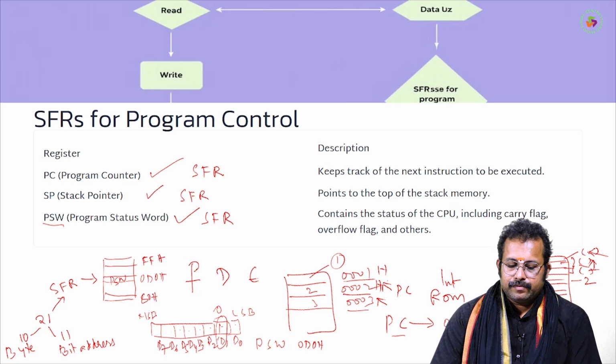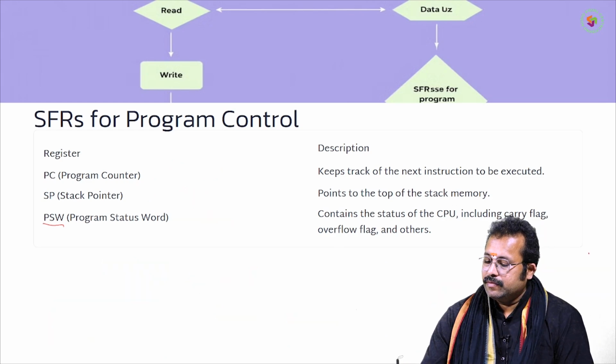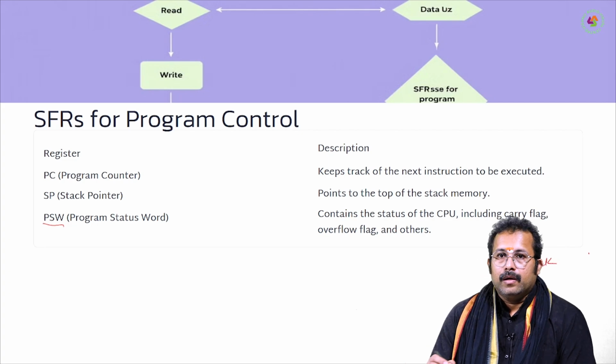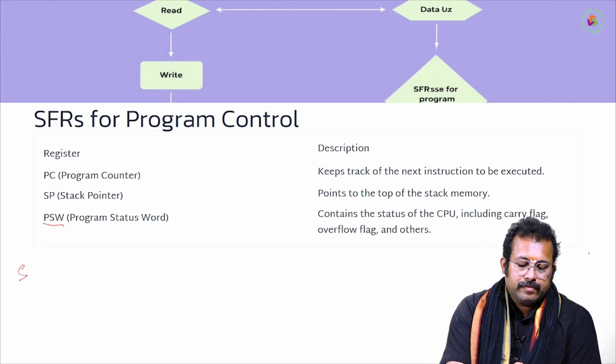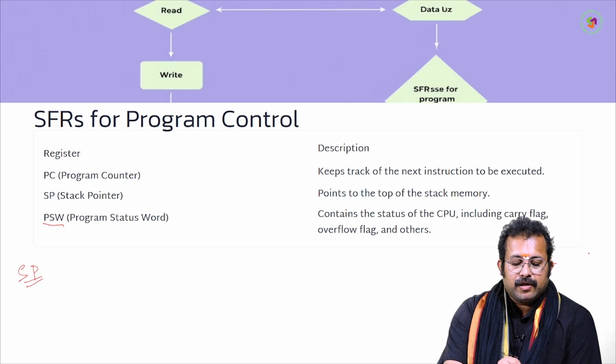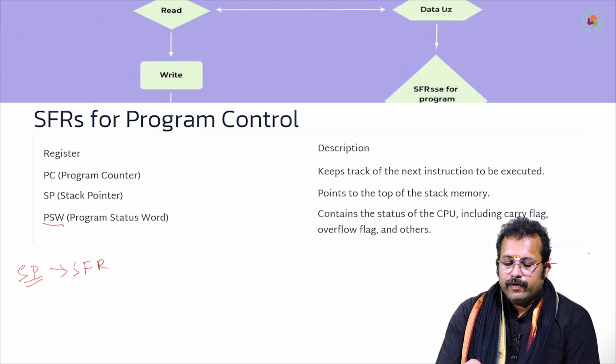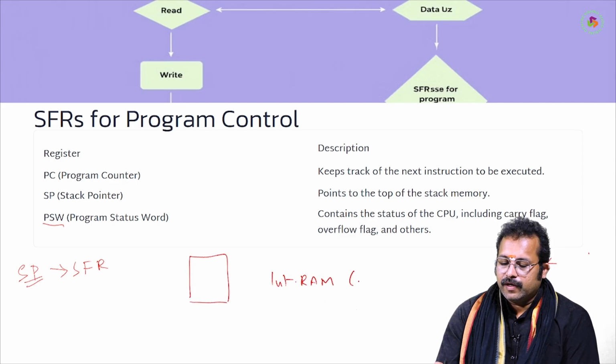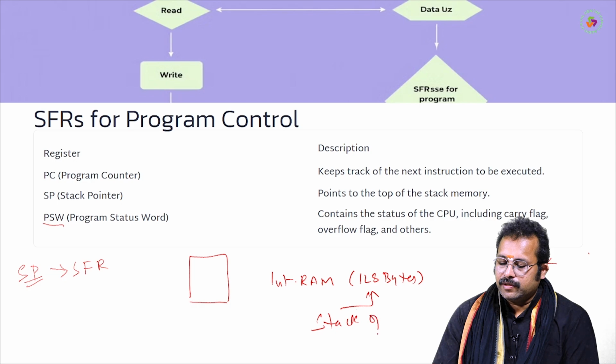For stack operations, the stack pointer is a register, that is also a special function register. It will use the internal RAM, which is of size 128 bytes, for stack operations.